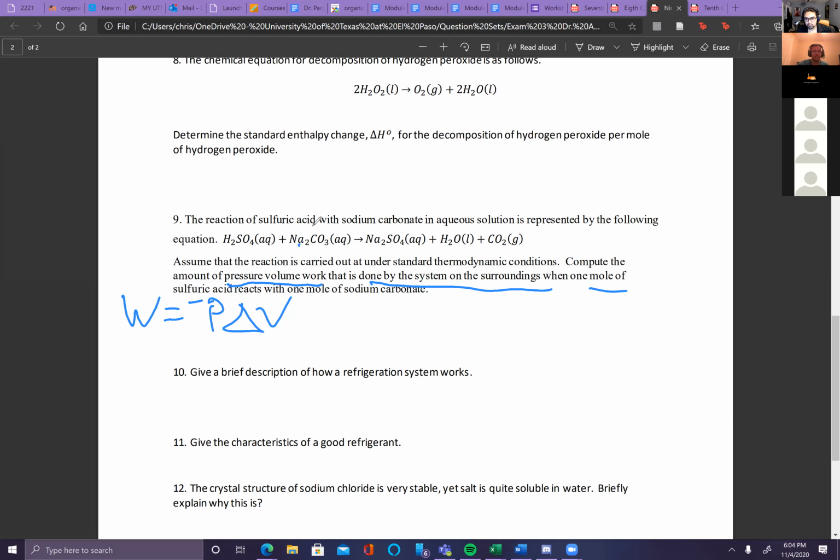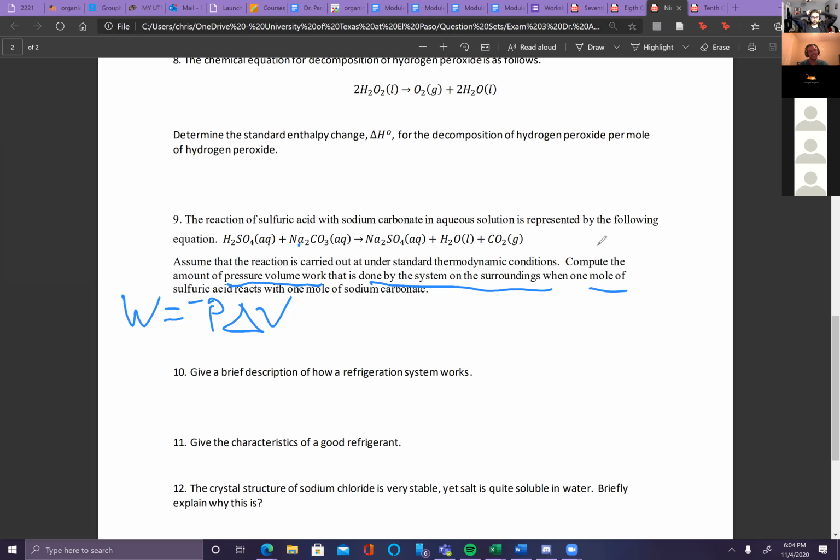I don't think it is. I think STP conditions are, but I don't think standard thermodynamics. I think that was in lecture. That sounds like something that would be the case. Standard thermodynamic? Yeah.